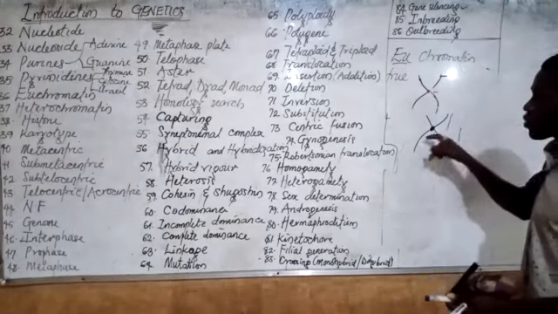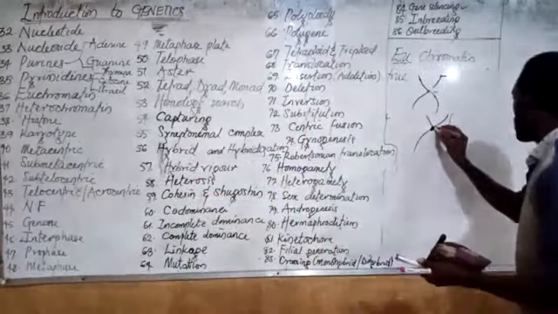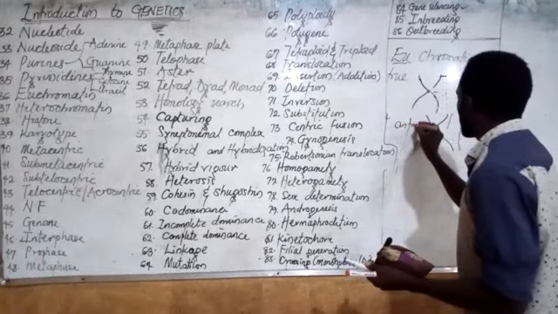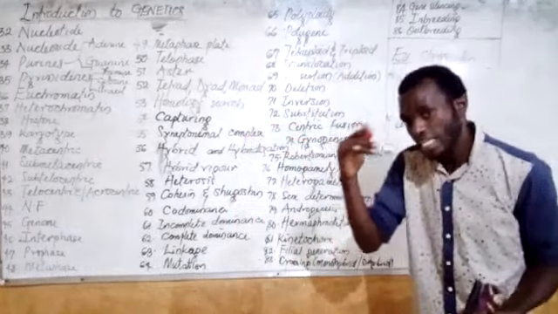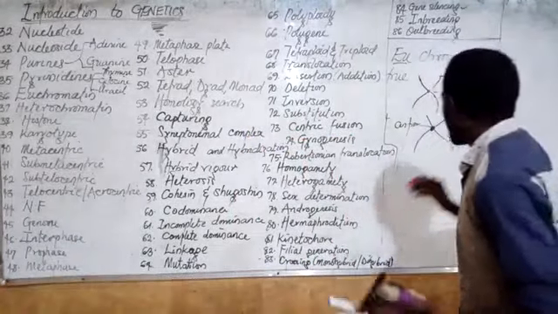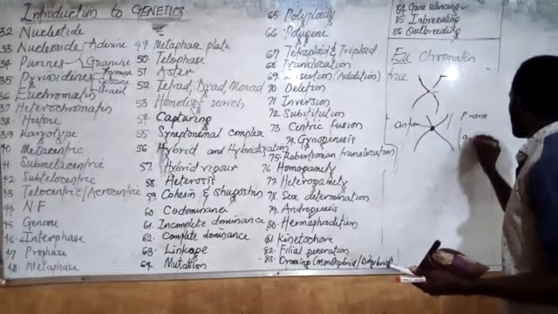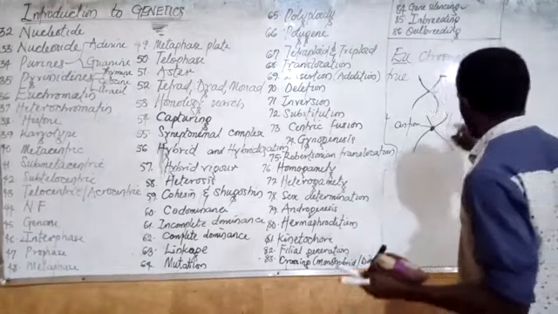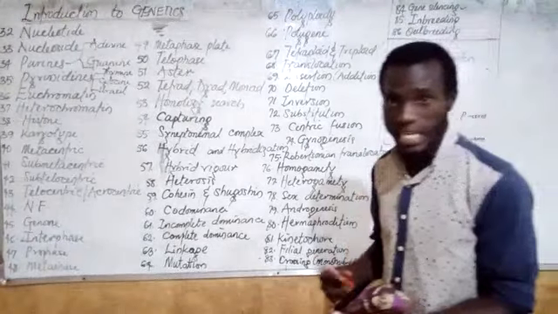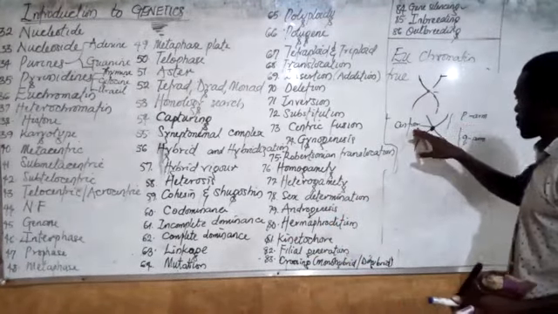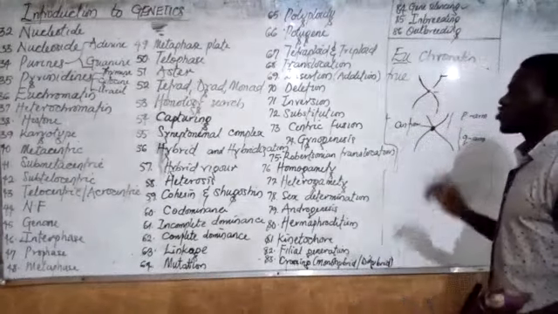So this is going to be called submetacentric, meaning that the centromere is slightly displaced away from the middle. So the P arm and the Q arm are now very visible and distinct. Remember here, the P arm and the Q arm were essentially the same, but here they are now apparently different. So that's the submetacentric.